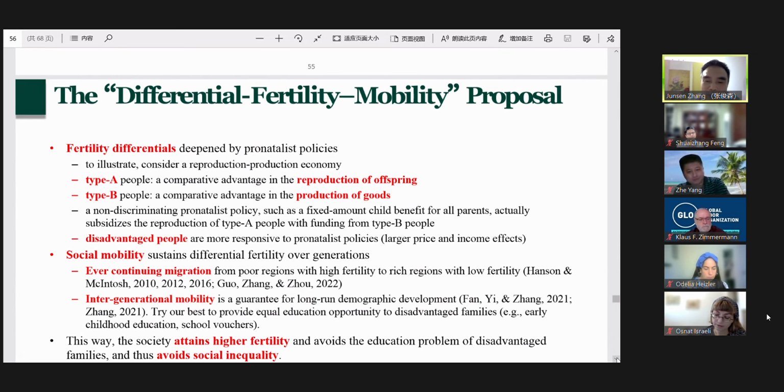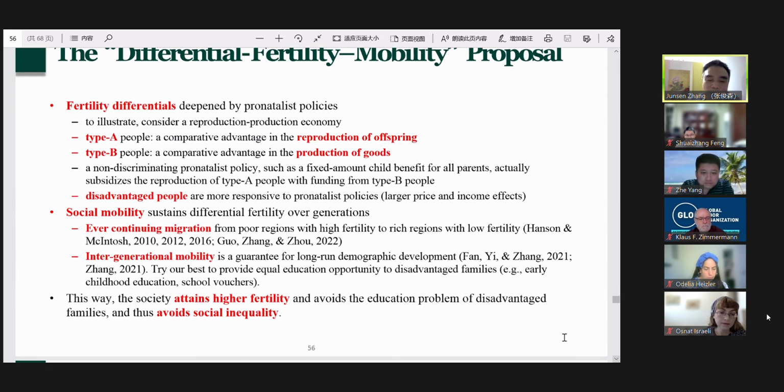Maybe this is very difficult to achieve, but at least this is a direction we should make every effort to achieve. So this way, the society attains higher fertility and avoids the education problem of disadvantaged family, and thus avoids social inequality.